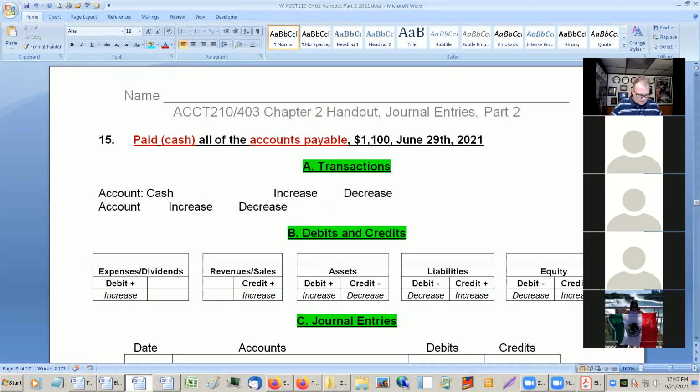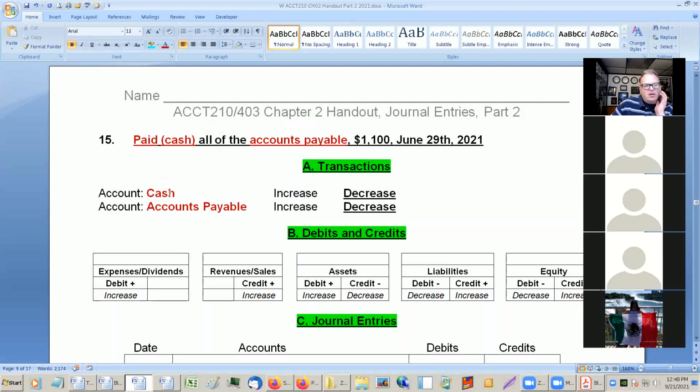Okay, accounts payable. The cash, is it increasing or decreasing? Decrease. Yep. So is the accounts payable. Yep and yep.